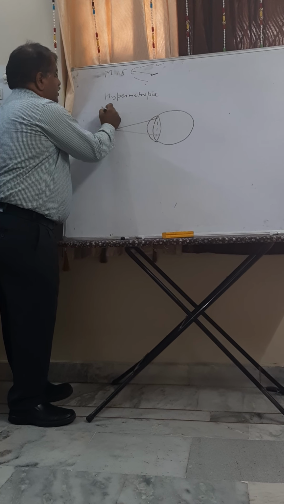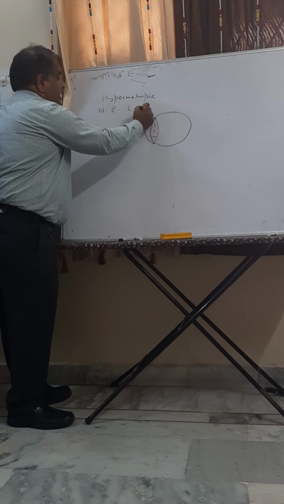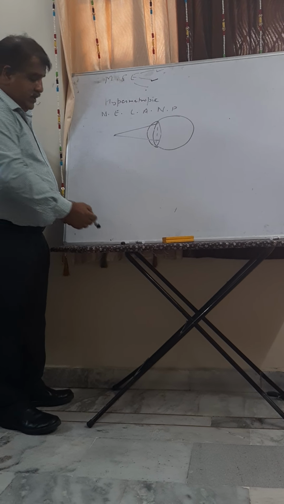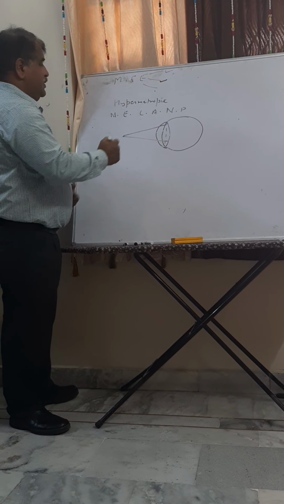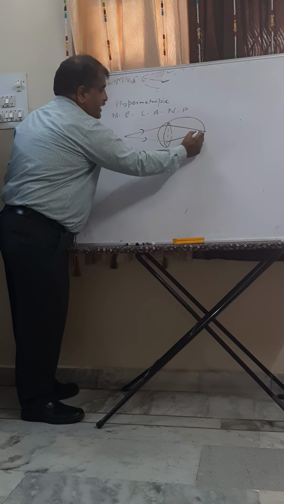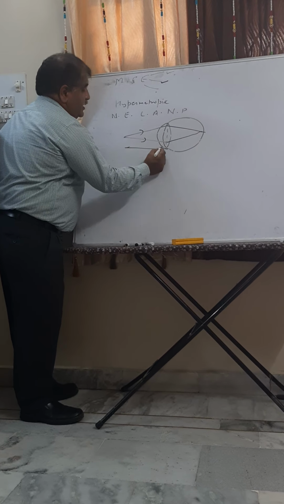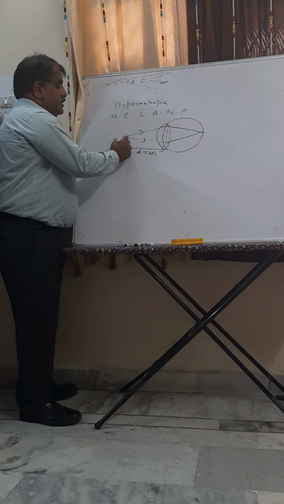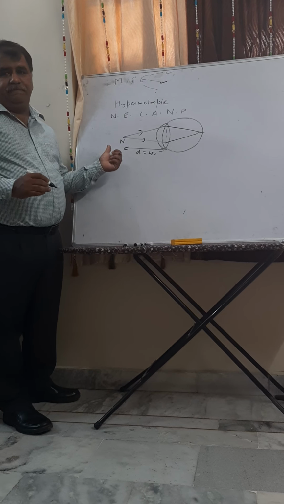This is a normal eye looking at nearby objects, at the near point, doing reading or writing work. In this case, the image is formed on the retina if the object is placed at 25 centimeters, or D. This is the normal eye's near point.